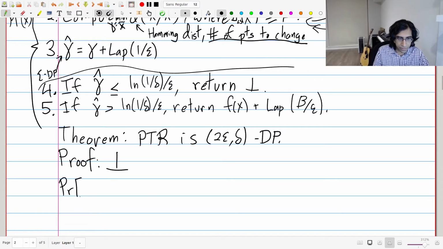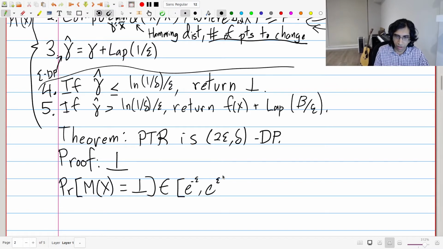So let's write this out here. The probability that M of x is equal to bot is going to be in the following range: between e to the minus epsilon and e to the epsilon times the probability that M of x prime is equal to bot.